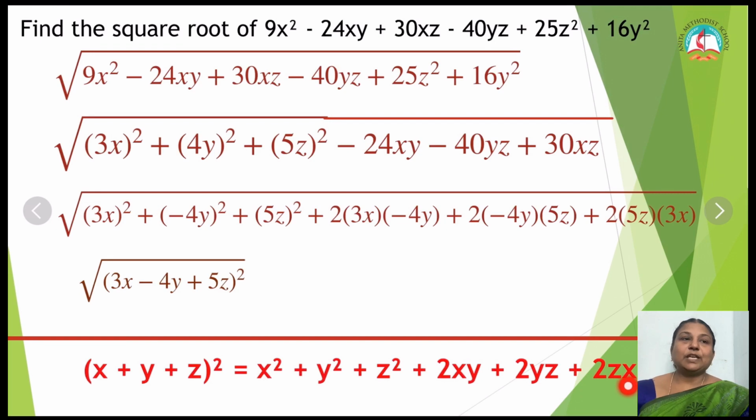Okay children, it was in this format. So I have expanded it and shown here (3x) whole squared plus (minus 4y) whole squared plus (5z) whole squared plus 2ab. This is your a, this is your b. So 2ab, you will get this, plus 2 into bc, that is these two, and plus your a and c. This was simplified here.